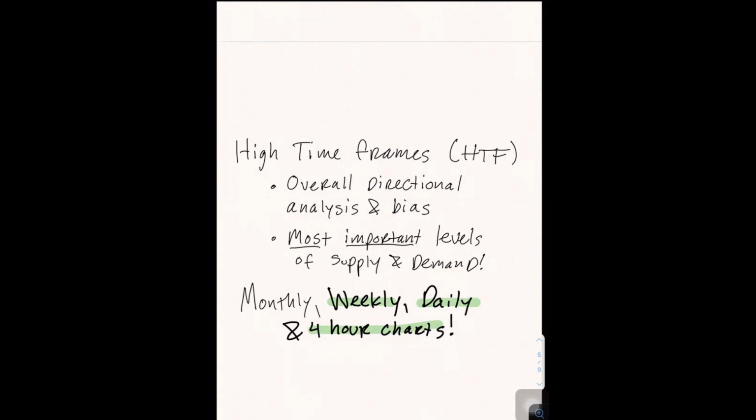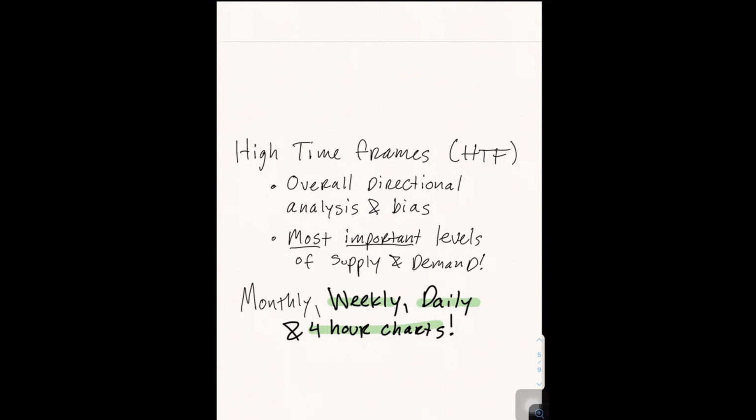These big high time frames are the most powerful tools at your disposal to help anticipate and predict where price will move next. Also, your high time frames are going to show you areas of supply and demand, and they are the absolutely most important levels of supply and demand for you to consider.